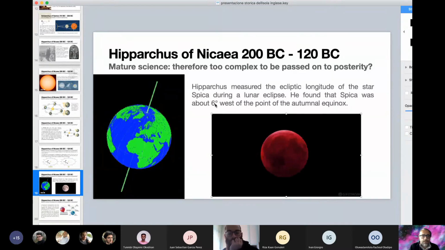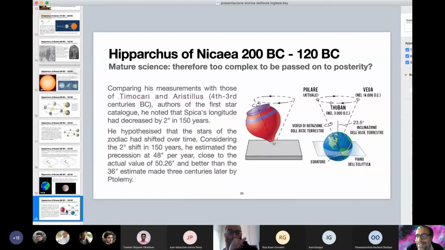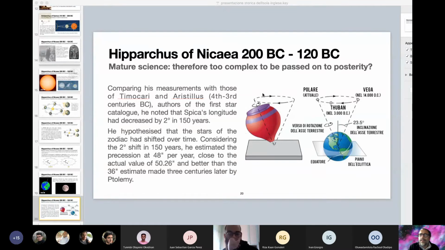The azimuth was 6 degrees different. In every Greek society, children are playing with a spinning top. So most likely Hipparchus invented this toy in order to give an explanation of the precession of equinoxes.